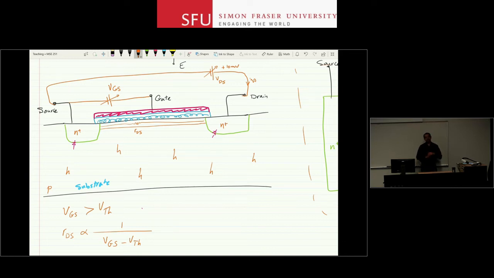And if you do a proper analysis and you look at how much charge I have accumulated in that region and all that, you can show that you can actually find the current between the drain and source terminal, I call it ID, from this relationship.